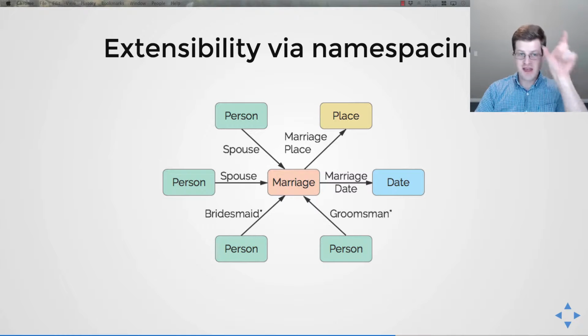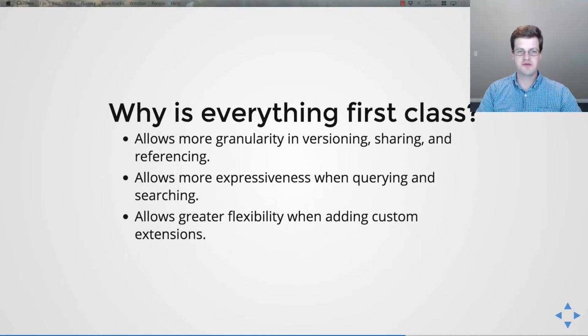I can reference the relationship between the person and the marriage. I can reference that edge, and I can say that thing. And it doesn't have to be in relation to the person or the marriage. It's the thing itself, which allows us a fine granularity when referencing things in our model, which is wonderful.